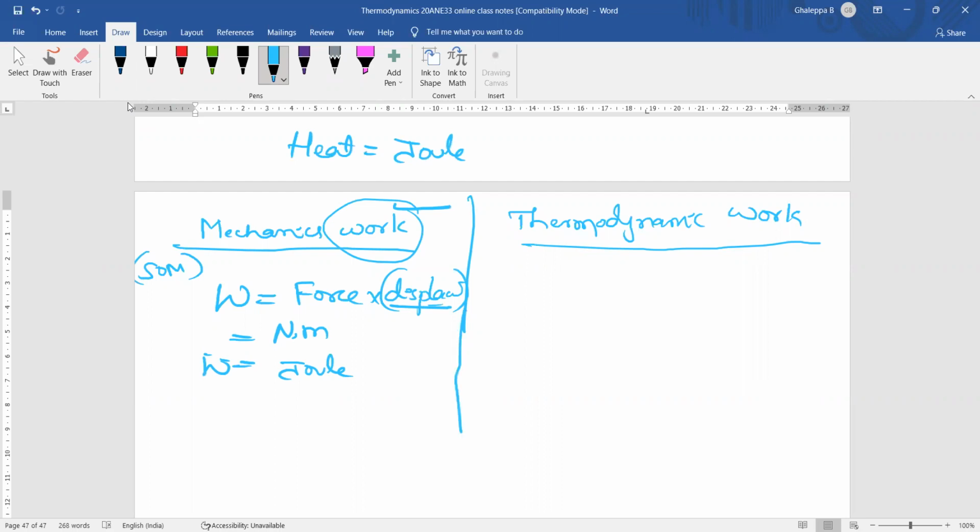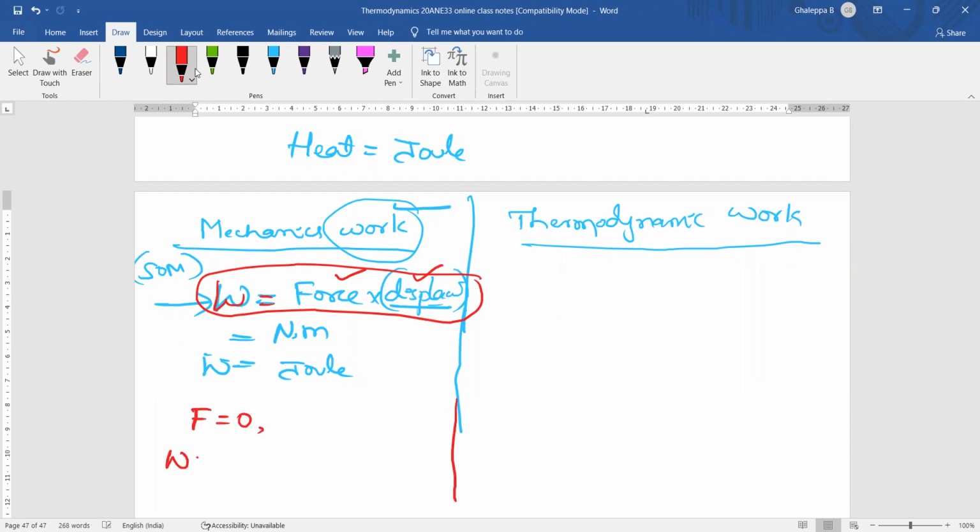Okay, I will give an example here. Look at this equation, my dear students. Work done is equal to force into displacement. There are two parameters, one is force, one is displacement. If you take F equal to 0, how much will be the work done?